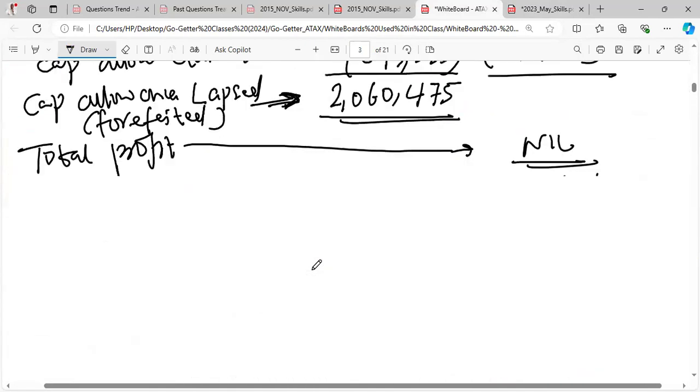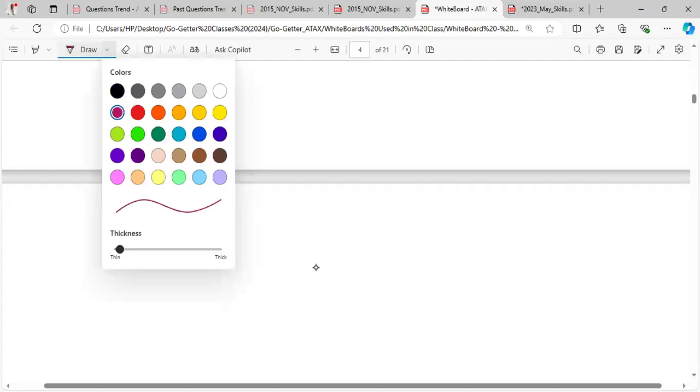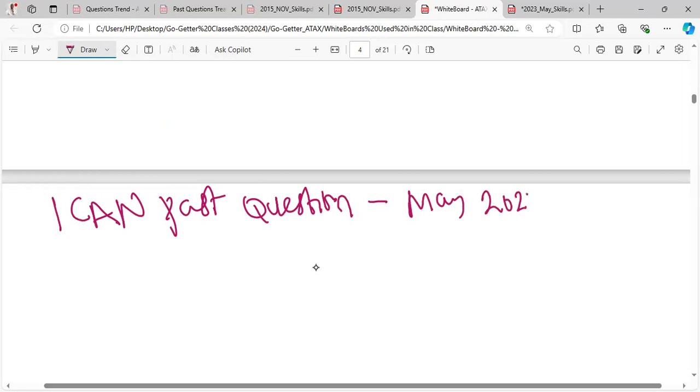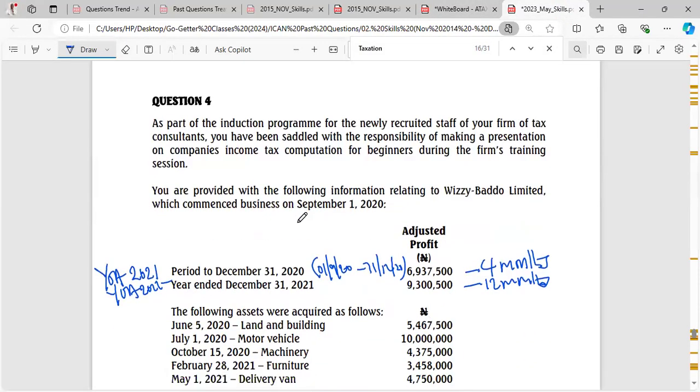Second one we did here that we are doing now. This is an ICAN past question. This is May 2023, question number 4, skills. So this is a skills past question, so use it to learn capital allowances.